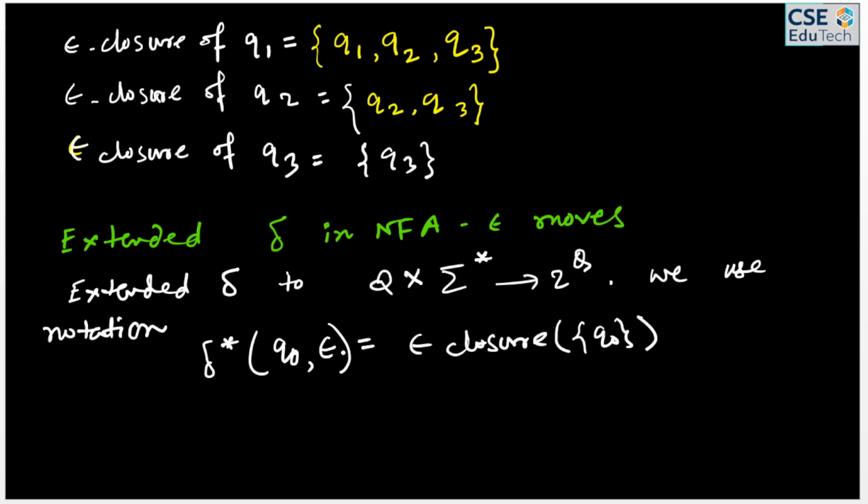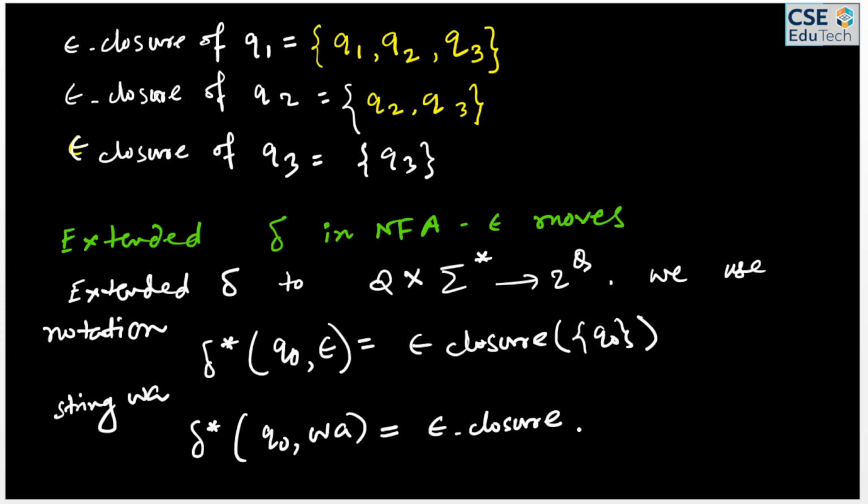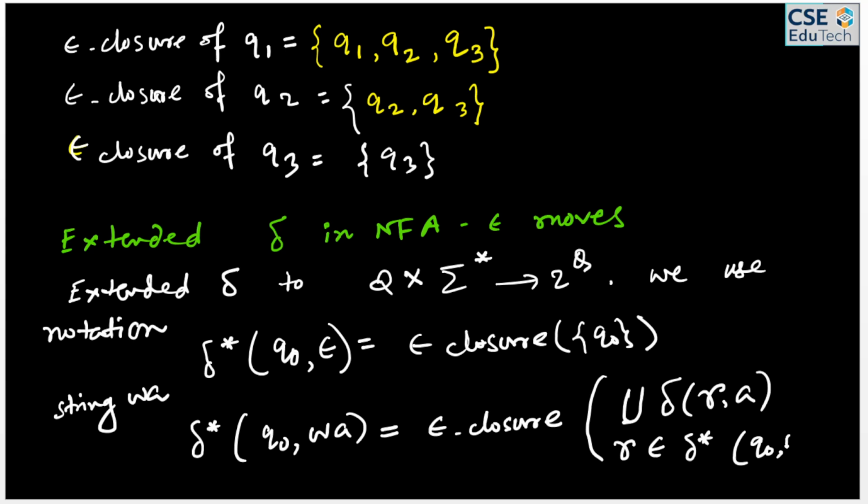Now if we have a string WA, where W is a string, we can define delta star of Q naught and WA as epsilon closure of the union of delta R comma A, where R belongs to delta star Q naught W. Okay.